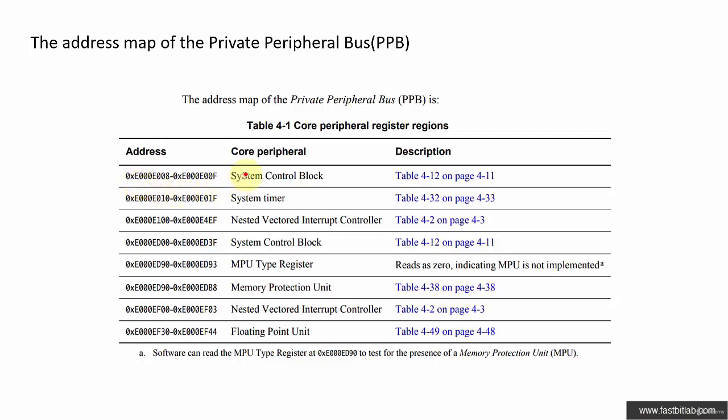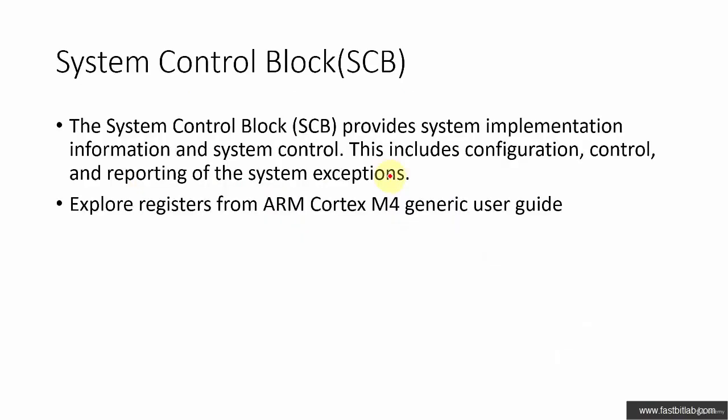First, let's explore the system control block. The system control block provides system implementation information and system control. This includes configuration, control, and reporting of the system exceptions.